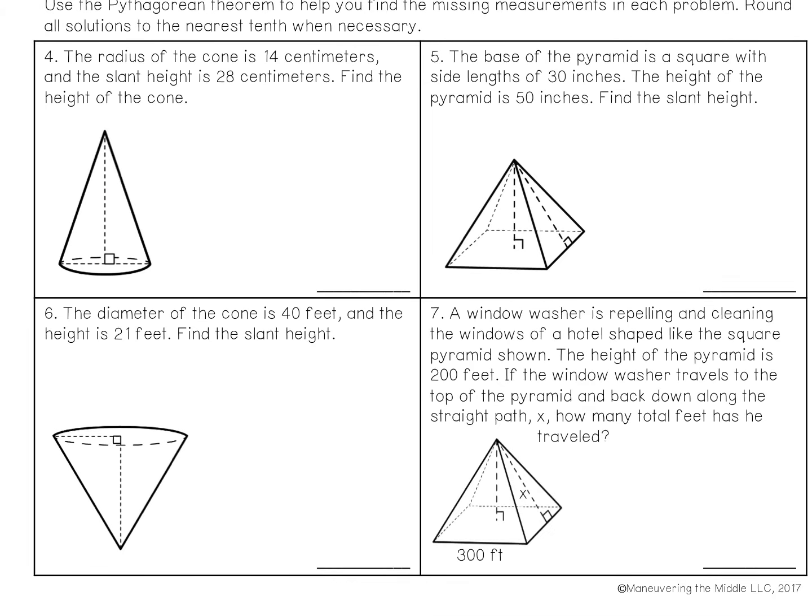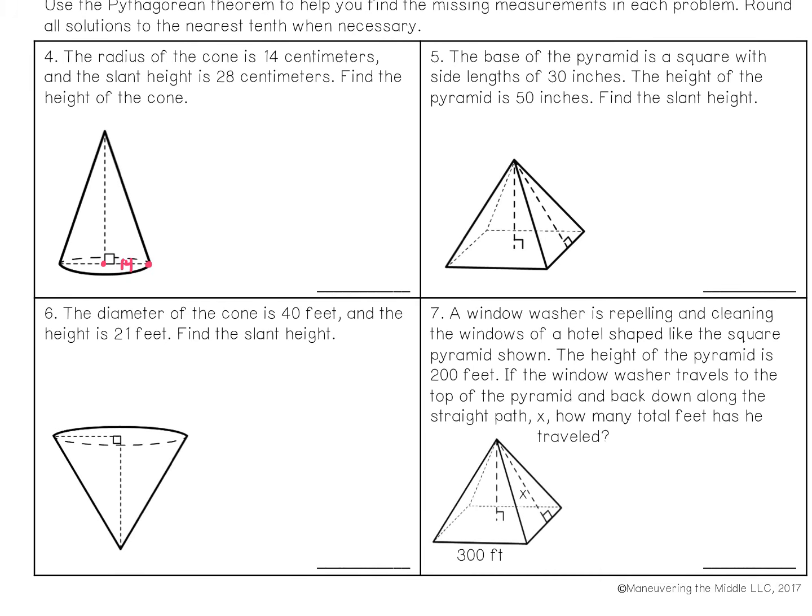Now let's look at some examples. The radius of a cone is 14 centimeters. I know that the radius is the distance it takes to get halfway across a circle. The entire distance would be the diameter. So they gave me the radius, so I know that goes from here to here, and that's 14.